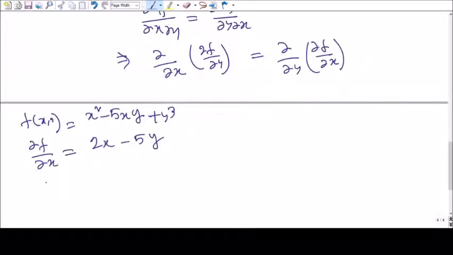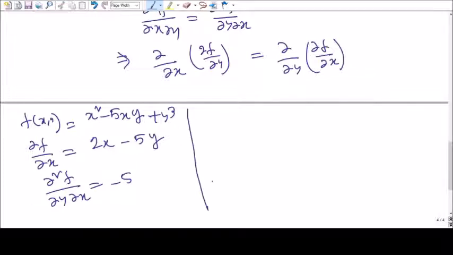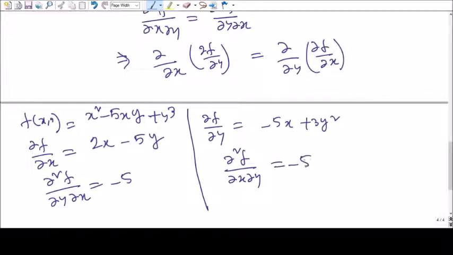Next, calculating ∂²f/∂y∂x, that is equal to minus 5. Similarly, ∂f/∂y is equal to minus 5x plus 3y square, so ∂²f/∂x∂y equals minus 5. So they are equal.